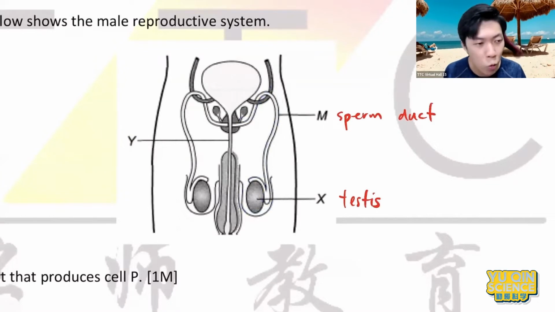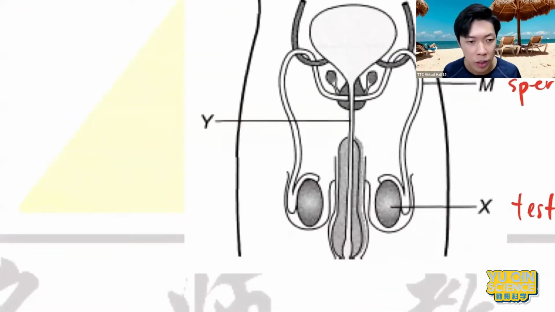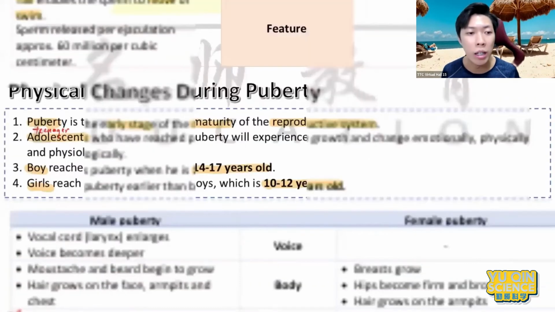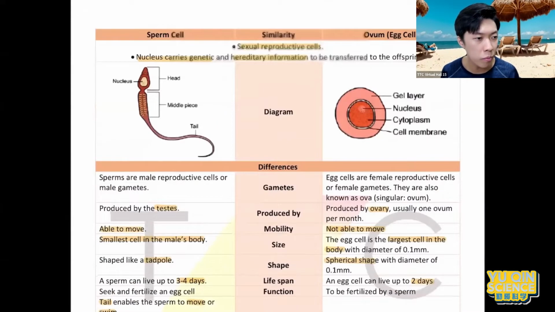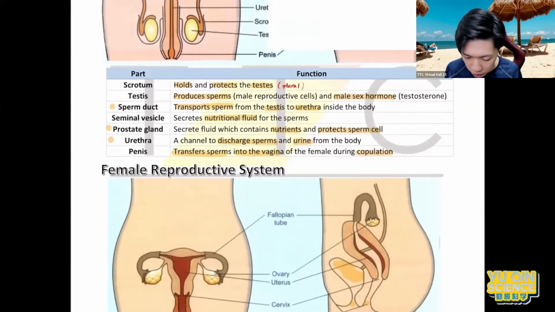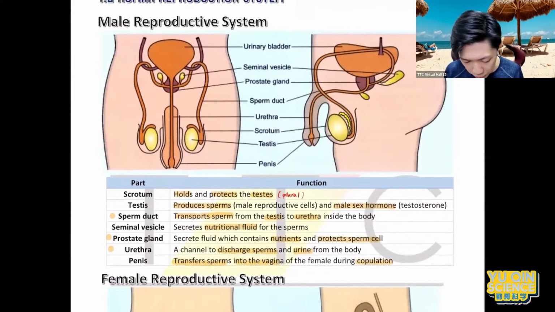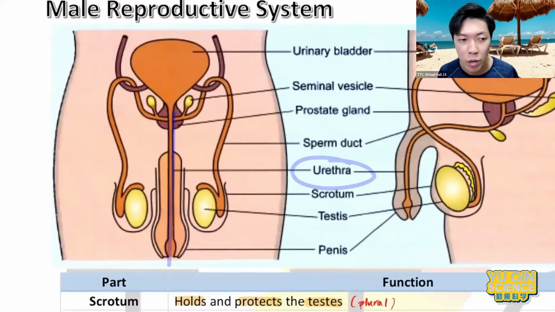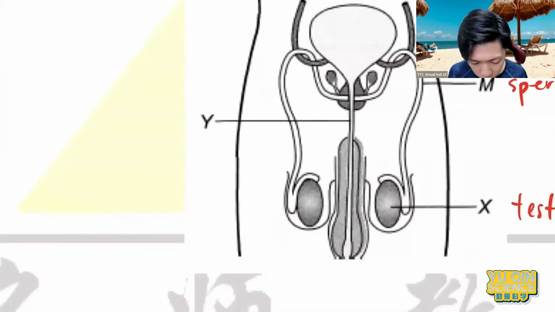And then we have Y. Y is the tube for urine. Do you remember the spelling? It's called the urethra, where sperm or urine comes out. So we're going to call that urethra.